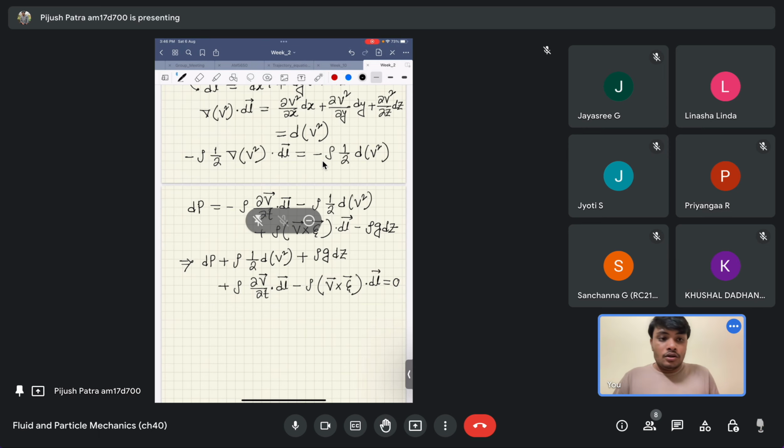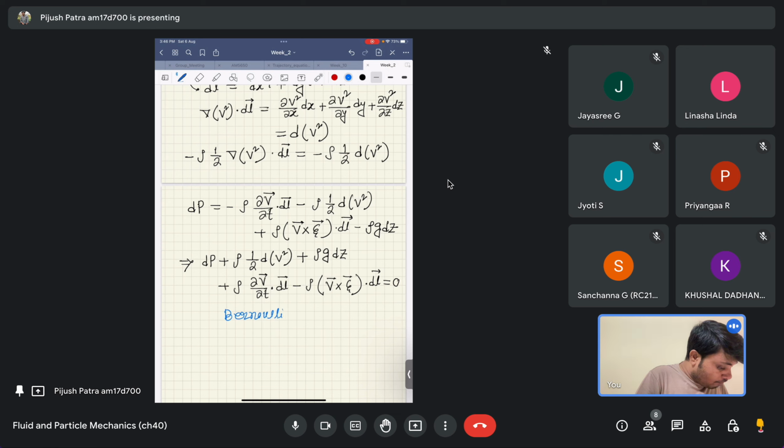So this particular equation is the general form of the Bernoulli's equation without any assumption. So far this is clear, right?